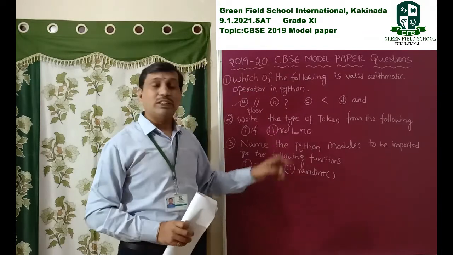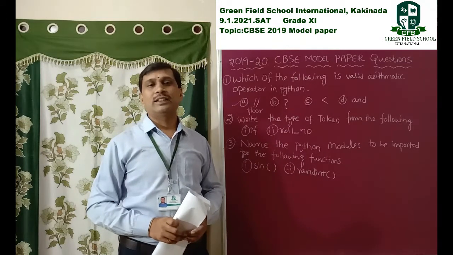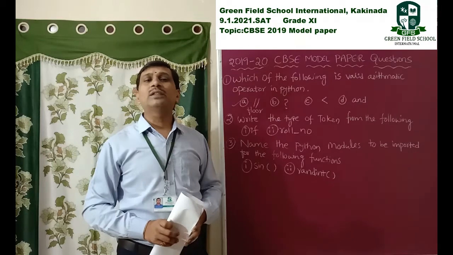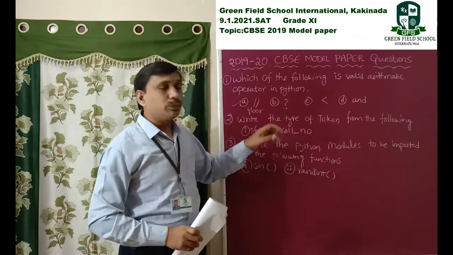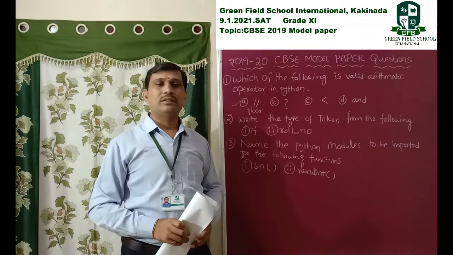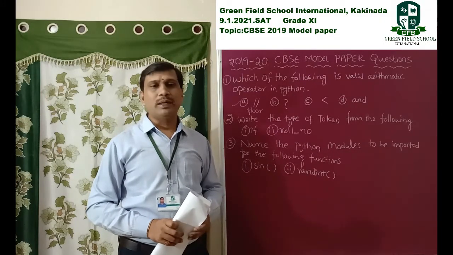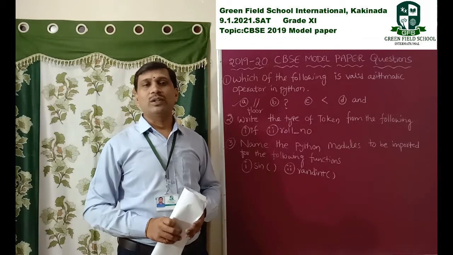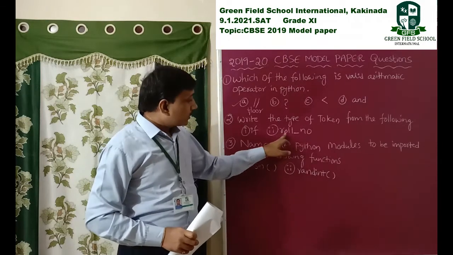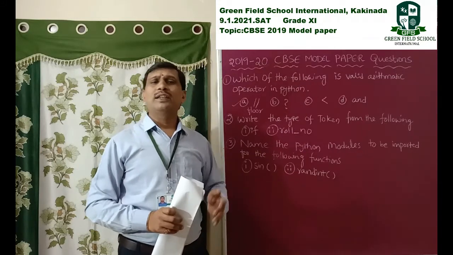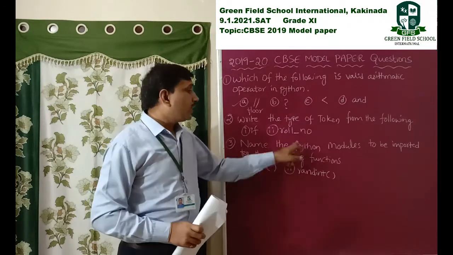The first letter must be a character, not a number. Identifiers are constructed with only characters, small a to small z or capital A to capital Z, and underscore.